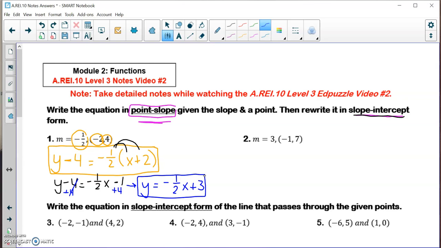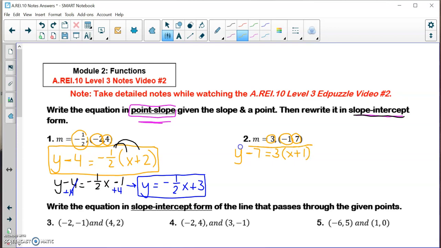We're done. We're going to do number 2, which is the same exact thing. We're going to first write it in point-slope form by doing y minus the y value of the point that's given to us, and that will equal my slope times x minus the x value of the point that's given to us. X minus a negative 1 is the same thing as plus 1.